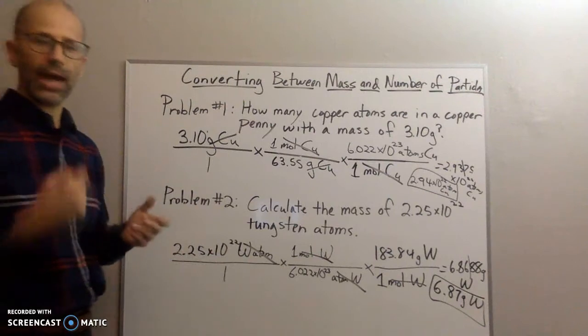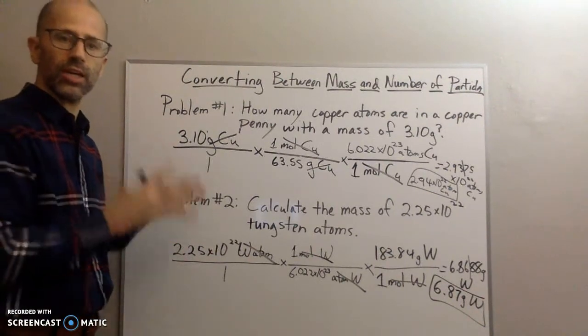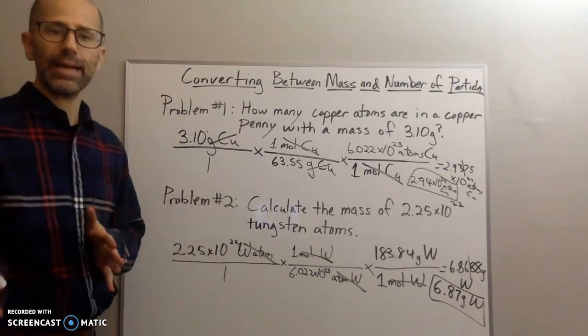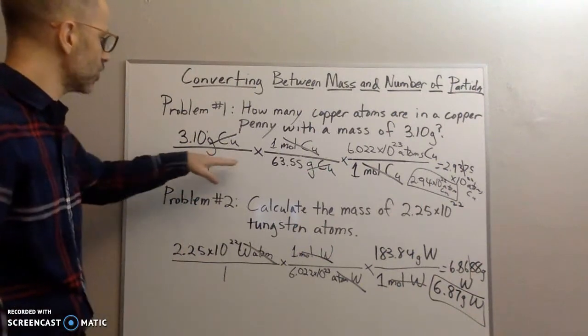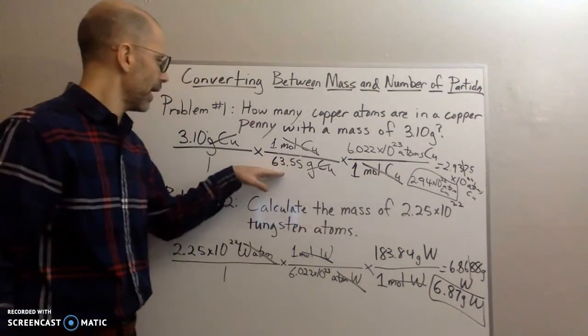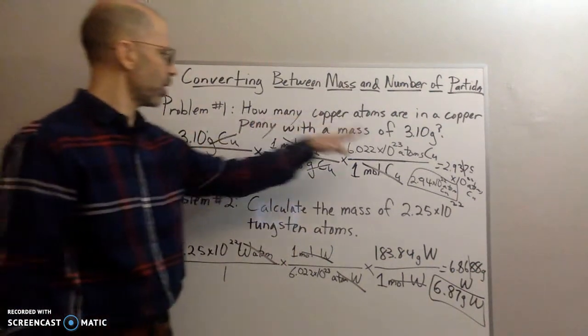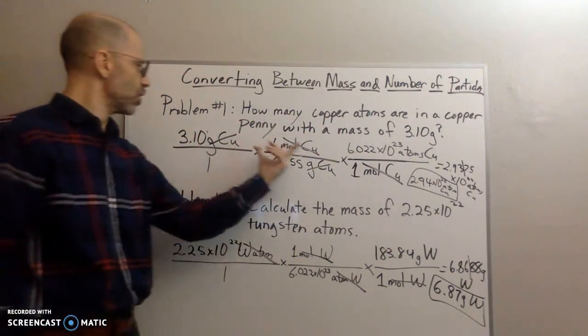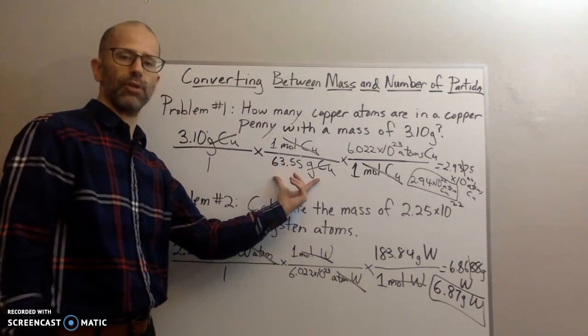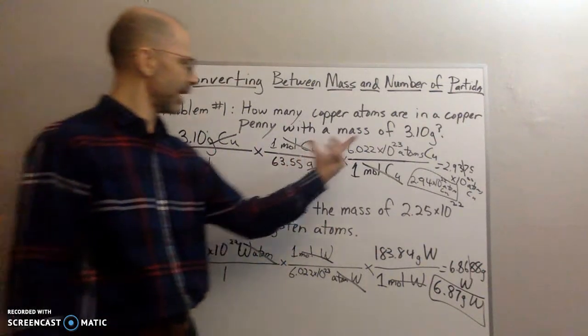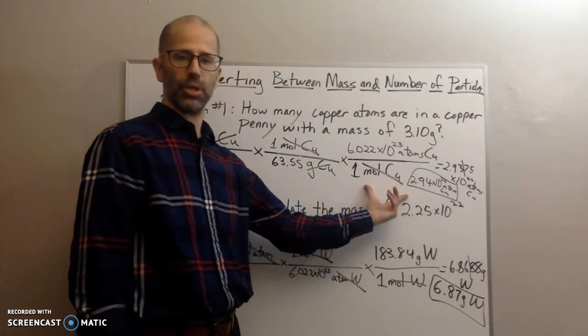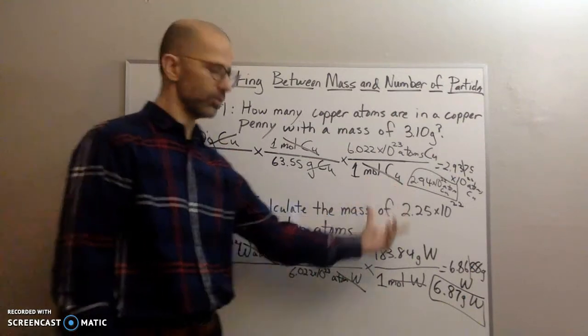So that is how you convert between number of particles and mass. Each time it's going to be a two-step problem. If I'm going from grams to particles, then I first use the molar mass to convert grams to moles, and then I use Avogadro's number to convert from moles to particles.